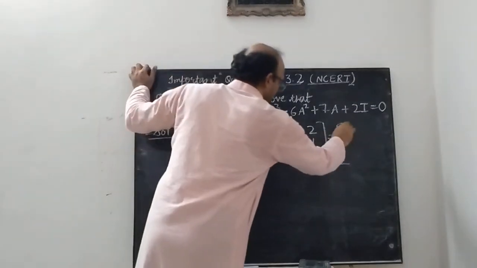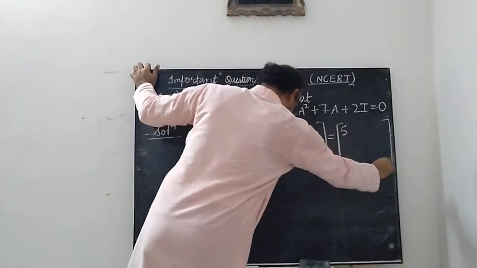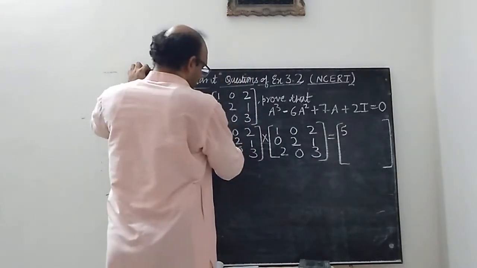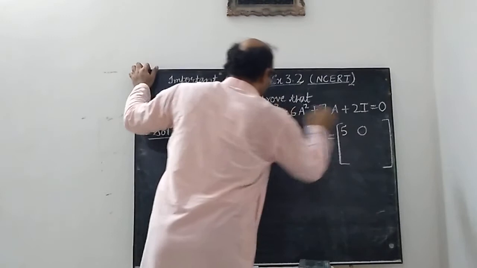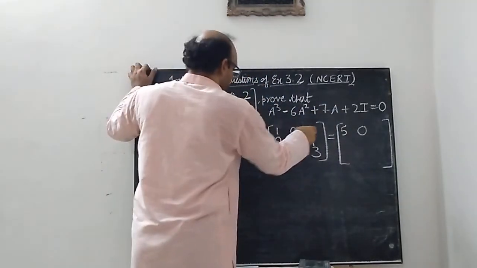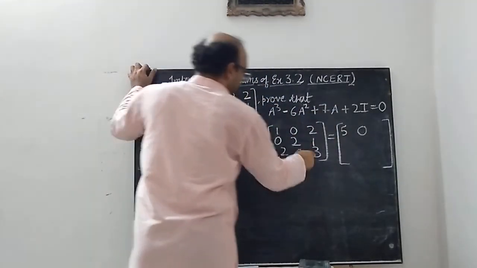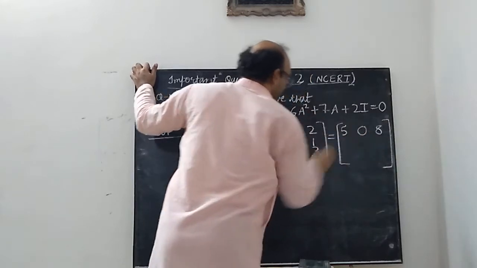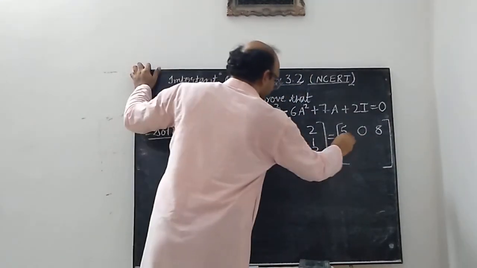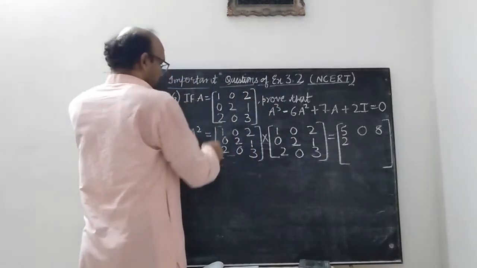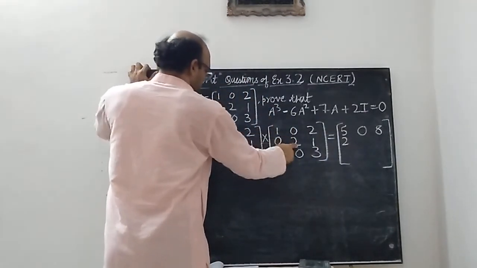1 plus 4 is 5. Then 0, 0 and 0. This is 1 into 2 is 2. 0 and 6 is 8. 0, 0 and then 2. Now 0, 4.